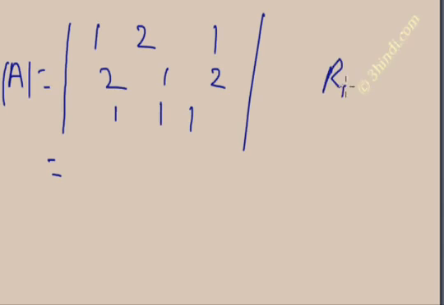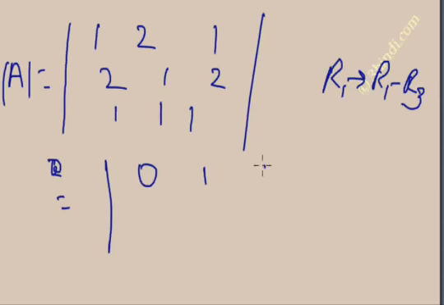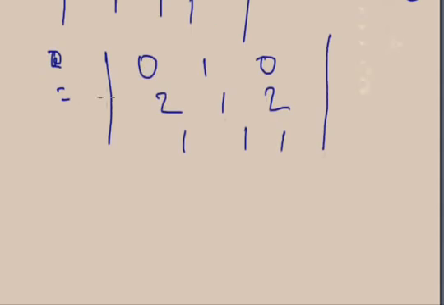R1 minus R3, what will happen? 0 1 0, 2 1 2, 1 1 1. Expanding the first row, 1 into 1 minus 1 into 2 minus 2 into 1, this is equal to 0.